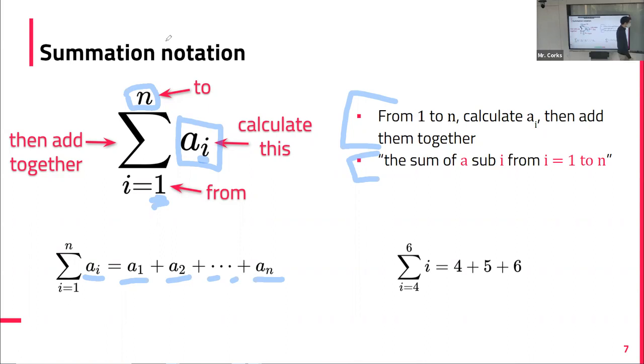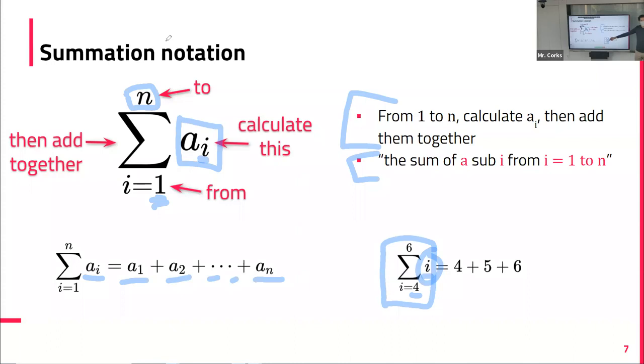Very practical, just a very simple version of this would be what we have in the bottom right here. So our general term is just i, not even multiplied or added with anything, just that. And usually we'll start at 1, but we can start anywhere. So start when i is equal to 4 and calculate the front term.